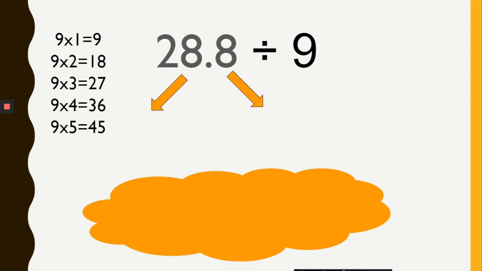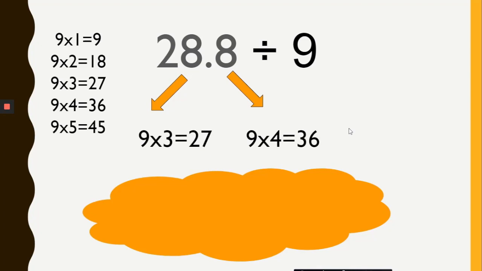I'm looking for the multiple closest to 28. Well, looking at my problems, I noticed that 28 falls right in between 27 and 36. So I want to use both of those to help me get closer to the best estimate.